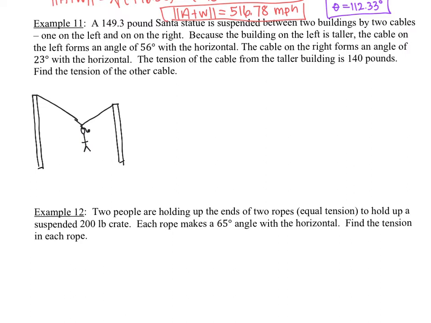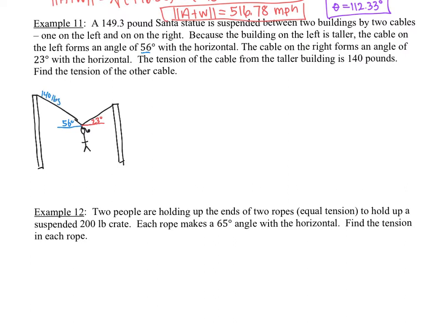So the cable on the left forms a 56-degree angle with the horizontal. So this is 56 degrees right here. The cable on the right forms an angle of 23 degrees with the horizontal, so from the horizontal, this is 23 degrees. The tension of the cable from the taller building is 140 pounds, so the magnitude of this vector is 140 pounds.